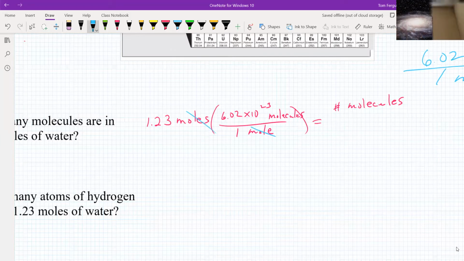We always want to make sure that we have unit cancellation going on, so we're left with what we're trying to calculate. Okay, so that's a setup. On Tuesday, you would get 90% if you just write this here. So if this problem's worth 10 points, you get 9 points for just doing this without picking up your calculator at all.